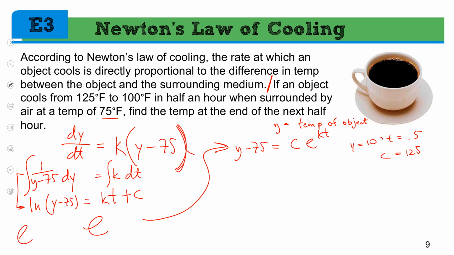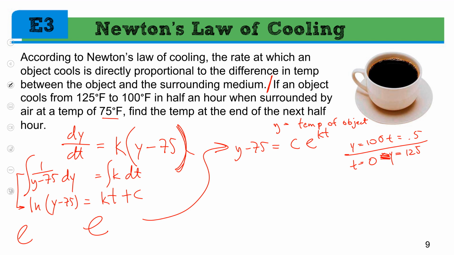So y is equal to 100. Okay. Instead of this being a C, let's make that a y. So the temperature is 125 when? T equals 0. Good.